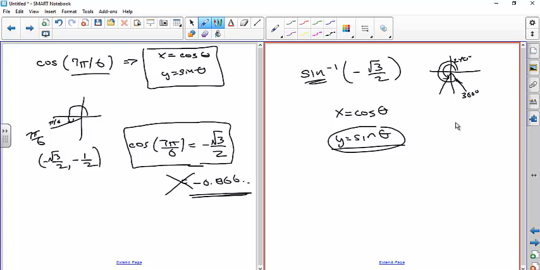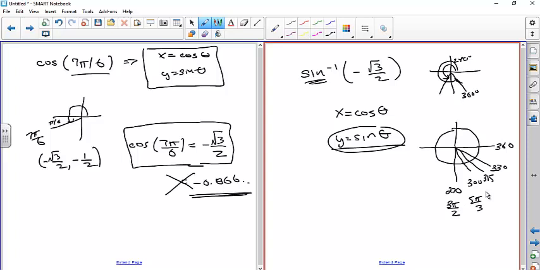One additional thing you might want to put on your unit circle: right now, the fourth quadrant angles that you have are 270, 300, 315, 330, and then 360. And the corresponding radians: 3 pi over 2, 5 pi over 3, 7 pi over 4, and 11 pi over 6.